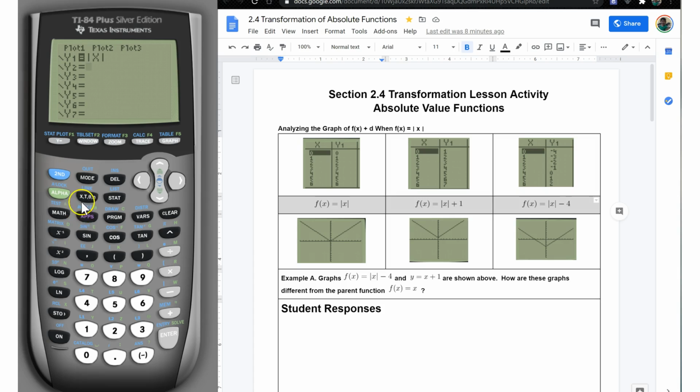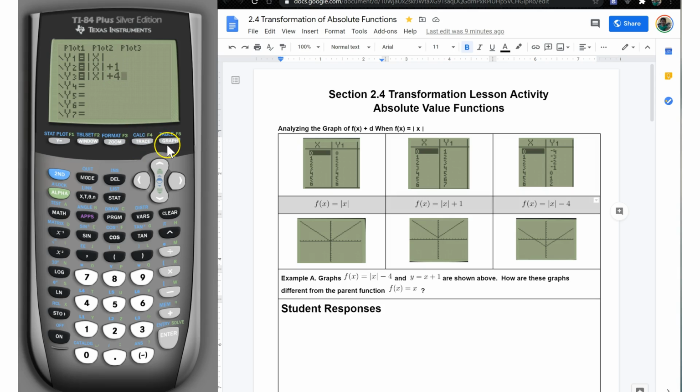And then you have math, number, absolute value of x plus 1. And then the last one is the absolute value of x plus 4.